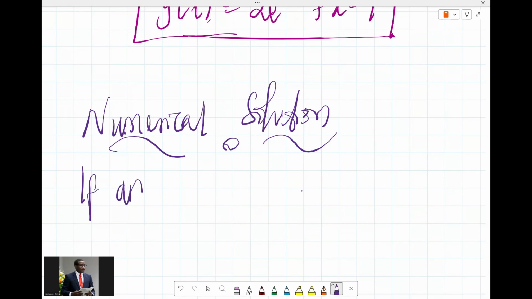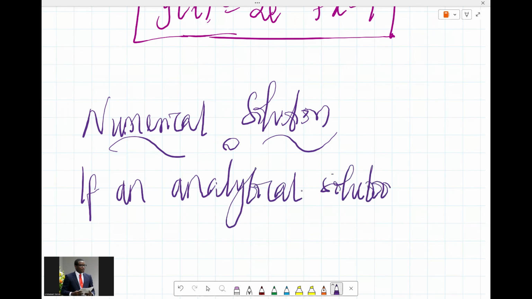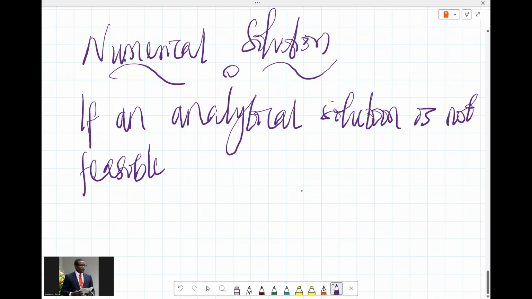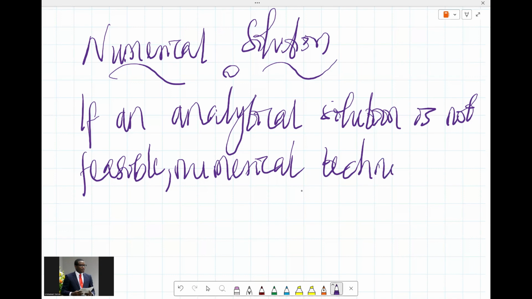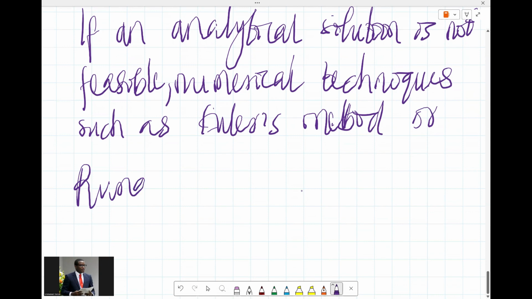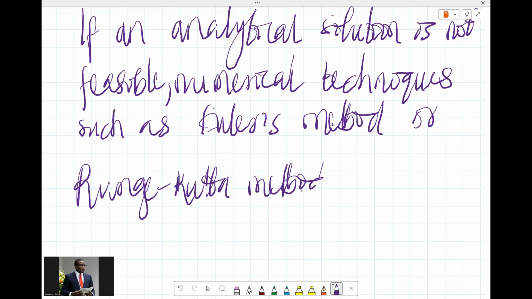But in case an analytical solution is not feasible, numerical techniques such as Euler's method or Runge-Kutta methods can be applied.